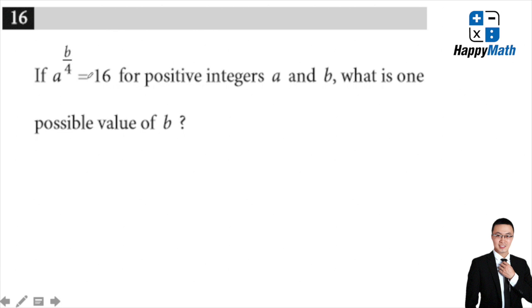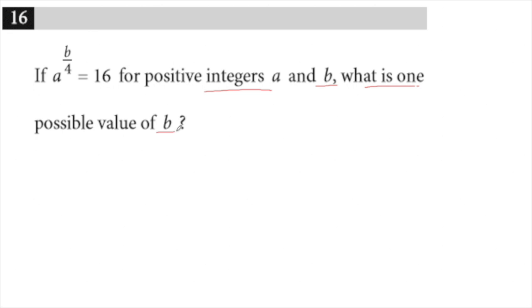16. a to the power b over 4 equals 16, with positive integers a and b. What is one possible value for b? We have a lot of possible values for a and b. And here is 16, so 16 corresponds to 2 to the power of 4. And it's quite easy. I will put a equal to 2.